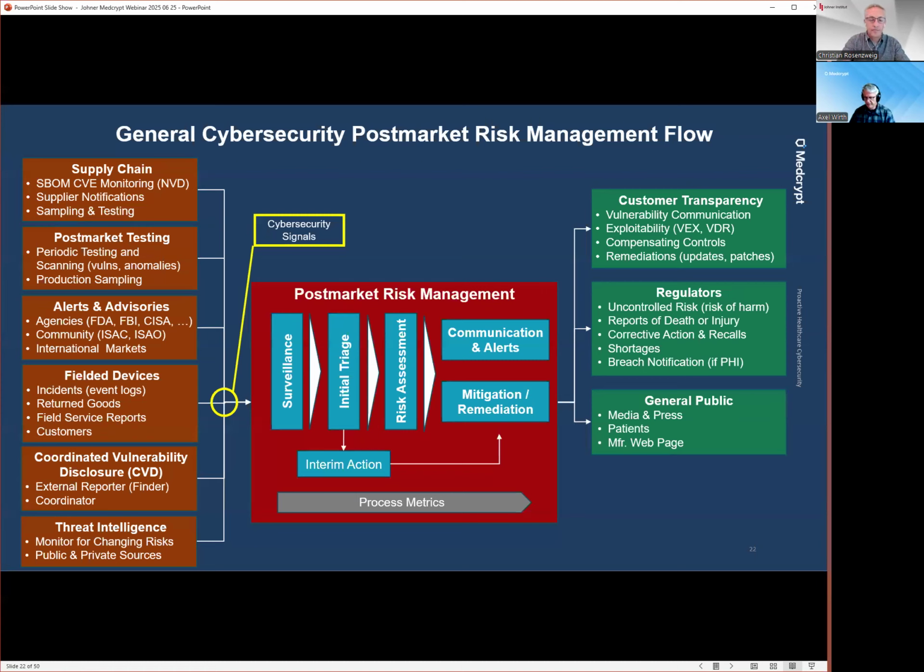There may be even cases where the general public needs to be notified, and you may also reach out and communicate with the larger community, whether that is ISACs, ISAOs, researchers, and so forth. So yeah, that's again, an overview of the overall post-market risk management process, and those are all things that should be covered in your post-market risk management plans.